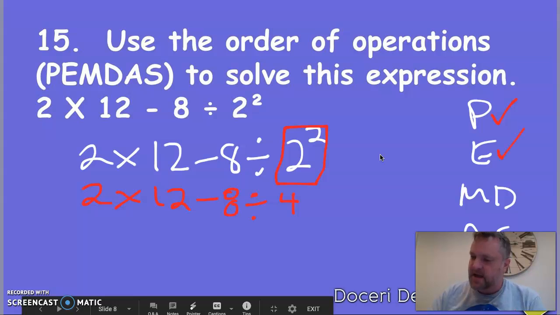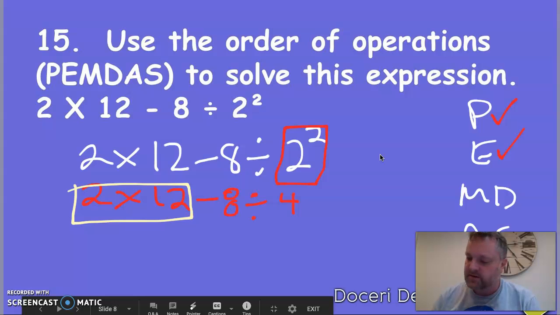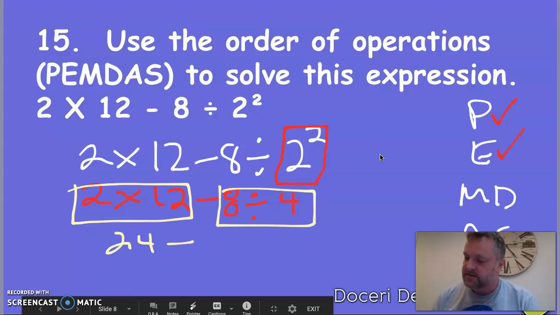Next, I have multiplication or division. I see multiplication right here, so I'm going to do that first. 2 times 12 is 24, minus 8. Oh, then this is also division, so I will do that as well. 8 divided by 4 is 2.